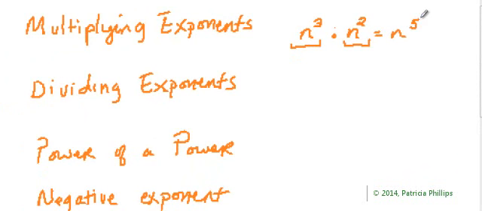Now, if they didn't have the same base, then you would not be able to multiply them together. For example, let's say you have a to the power of 4 times n to the power of 3 times n to the power of 2. Well, the final answer would be a to the power of 4 times n to the power of 5, because you can add the exponents when the base is the same.